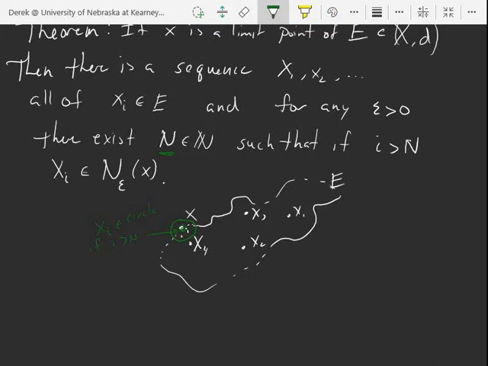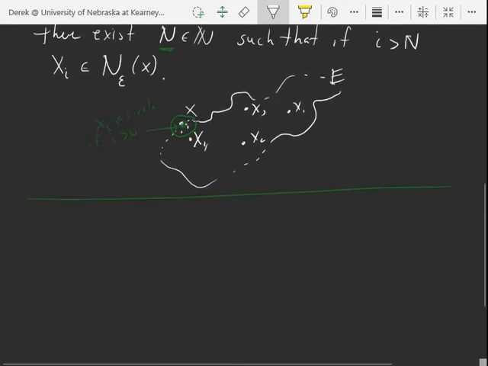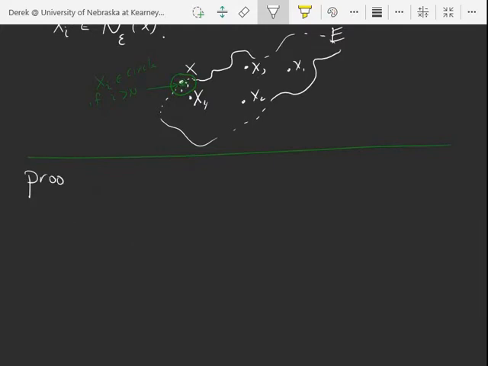Okay, let's prove that this theorem works for us. So here's our proof. Let x be a limit point of E. We need to construct a sequence inside of E that satisfies this conclusion, right?